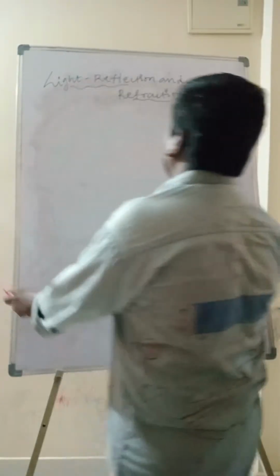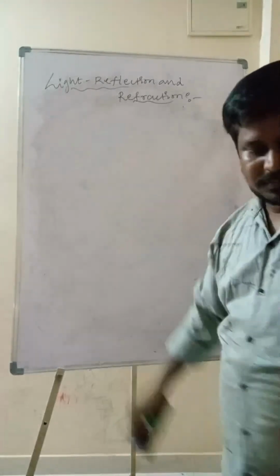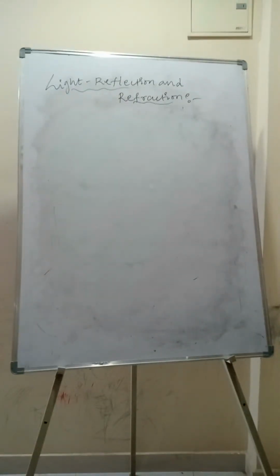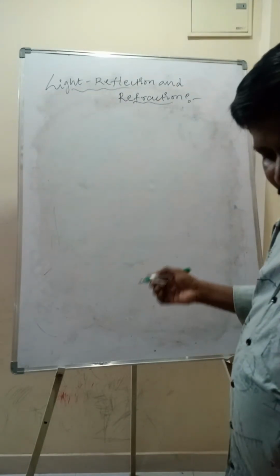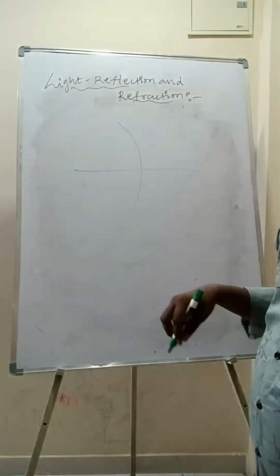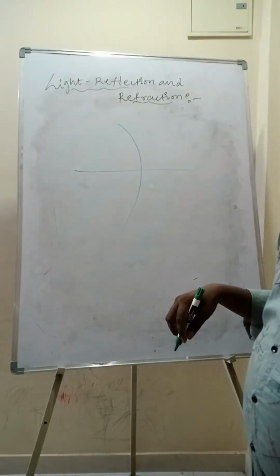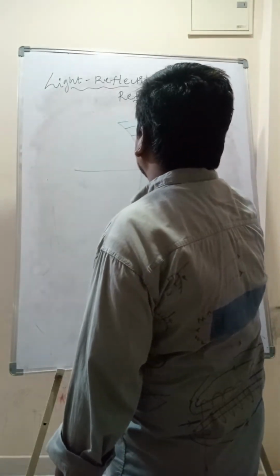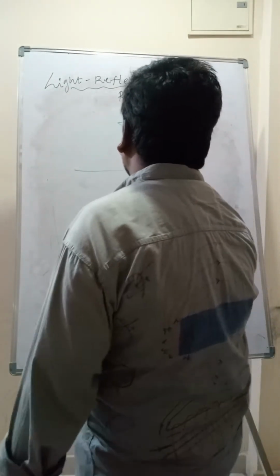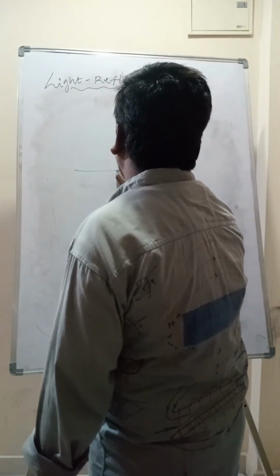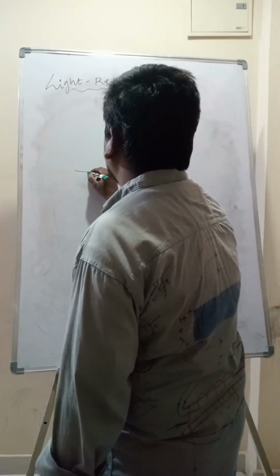Next one, we'll go with the object placed at F. Object is placed at F. So we are placing the object at F. Pole, focus, center of curvature.